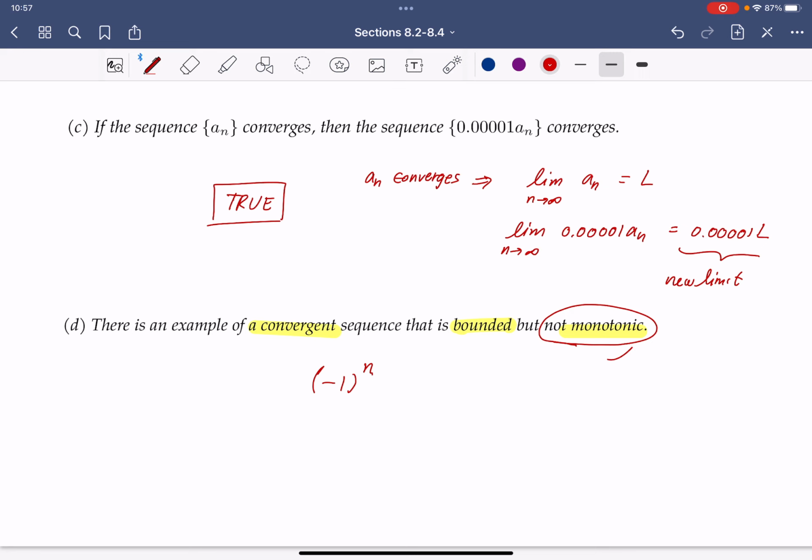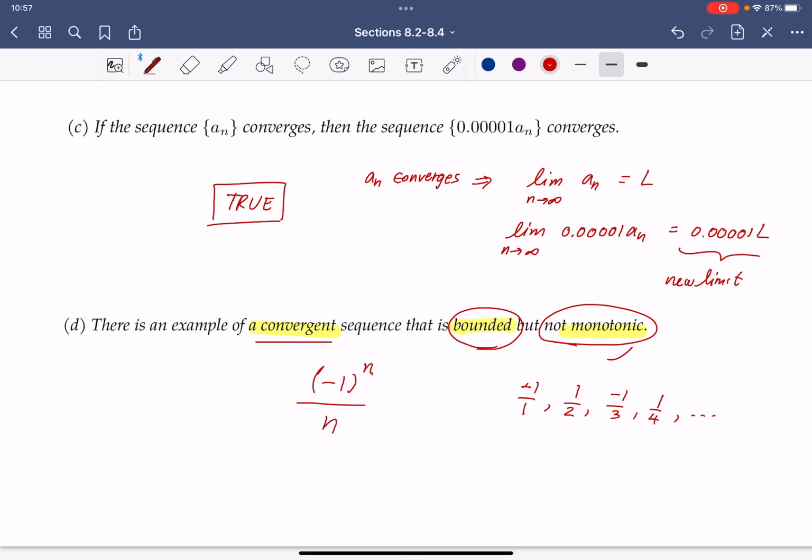If you want something that is bounded and convergent as well, maybe you make something heavy on the bottom, like (-1)^n over n. The first one is -1 over 1, the second one is 1 over 2, the third one is -1 over 3, then 1 over 4, and keep going.